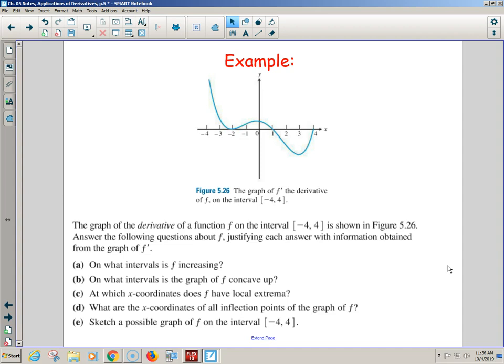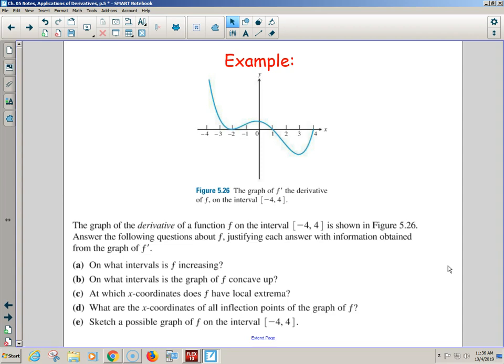At -2, it's not greater than 0, it's equal to 0, which means the slope is flat. So that's -4 to -2, open bracket, and then -2 to 1, open bracket, and that's it.